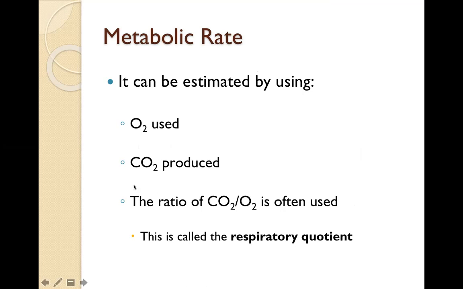So we can actually get a ratio, and this ratio becomes quite important. I don't want to say it'll come back to haunt you, but it'll come back to surprise you when we talk about the respiratory section of the course. It's only going to come back once. But this ratio of carbon dioxide to oxygen is referred to as the respiratory quotient.